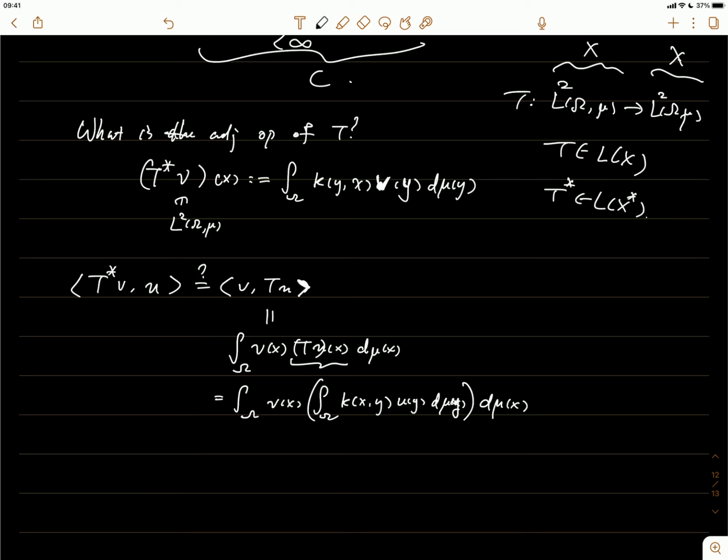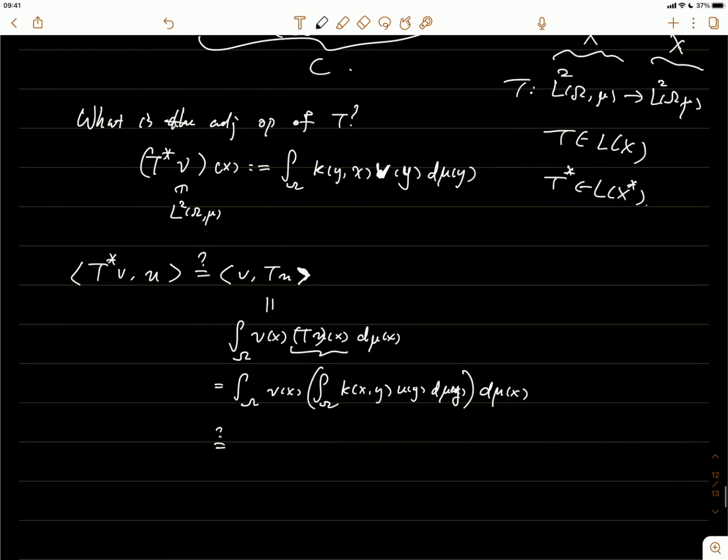And then from here, we hope that we can exchange the order of integration. Suppose we can do that. Let me just keep this as a question right now. If exchanging the integration works, then I will do the integration with respect to x first.